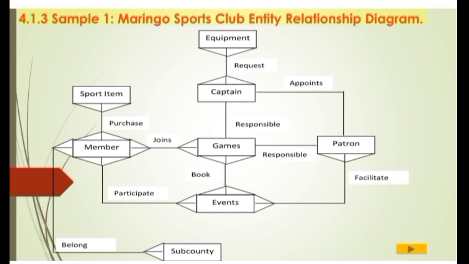4.1.3 Sample 1. Maringo Sports Club Entity Relationship Diagram. Member. Sport item. Games. Patron. Captain. Sub-county. Events. Equipment. Request. Appoints. Responsible. Facilitate. Participate. Joins. Purchase. Responsible. Book. Belong.